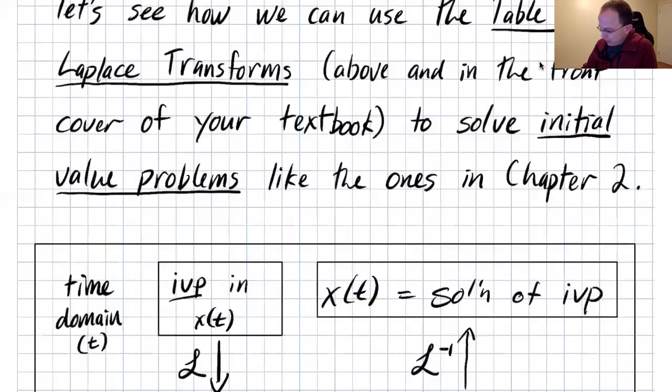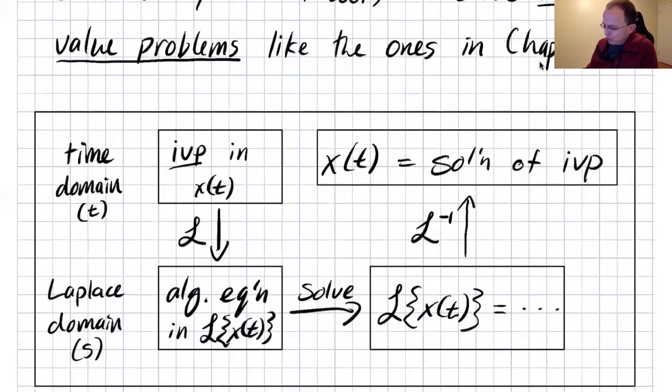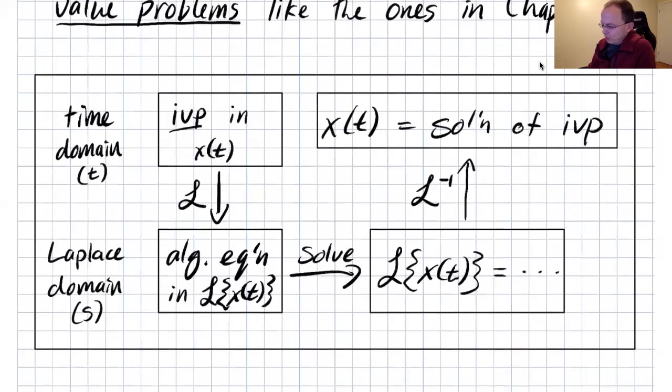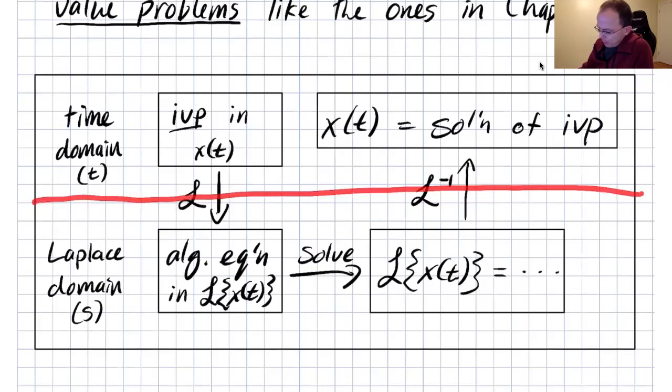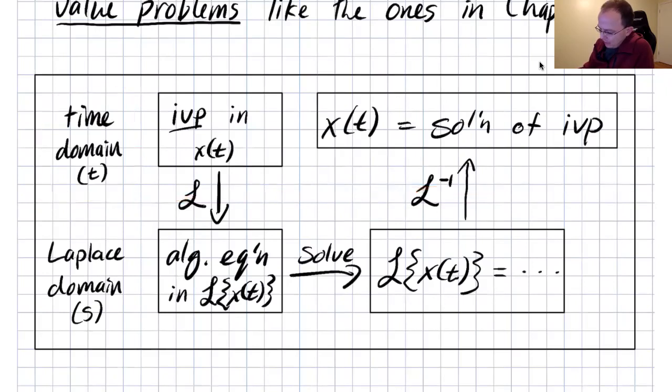What is the process for using Laplace transforms to solve an initial value problem? In this diagram I'm dividing the top and the bottom. The top is the time domain, t, and the bottom is the Laplace domain, which uses the variable s.